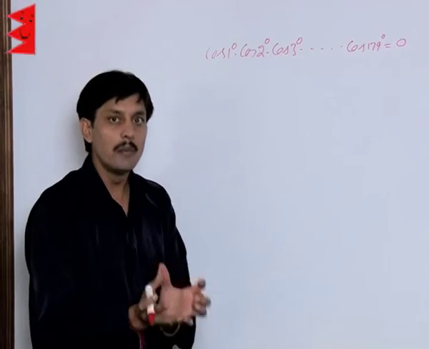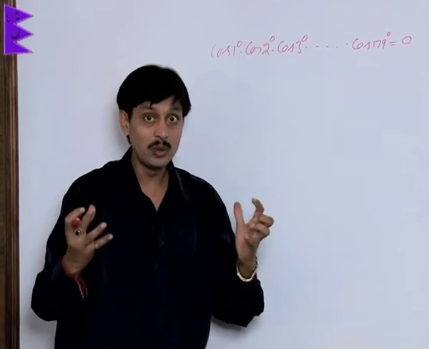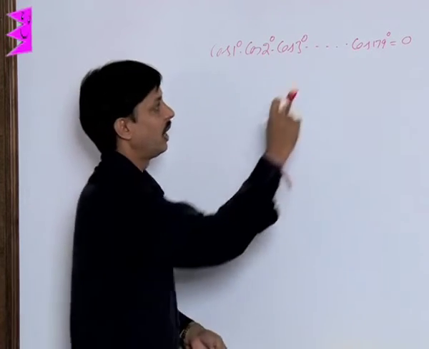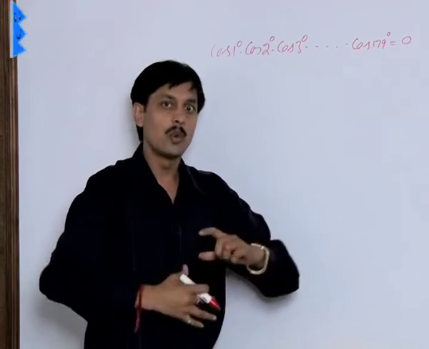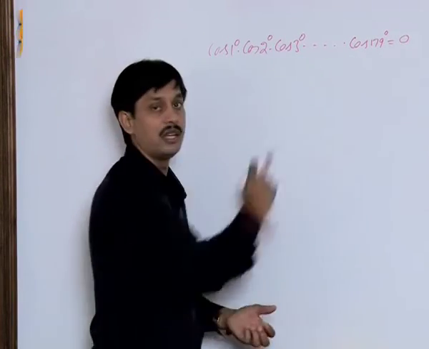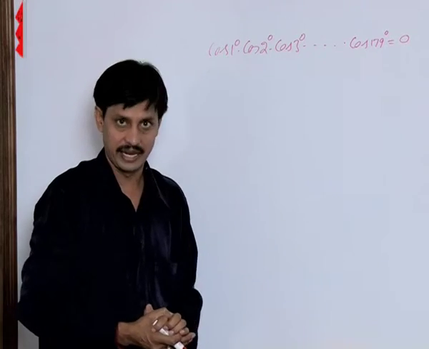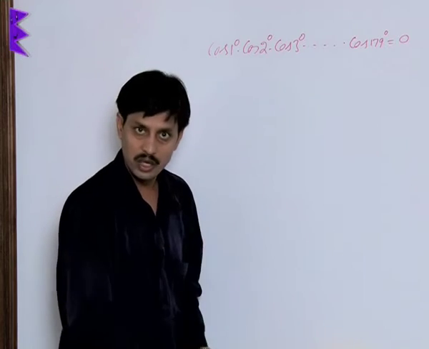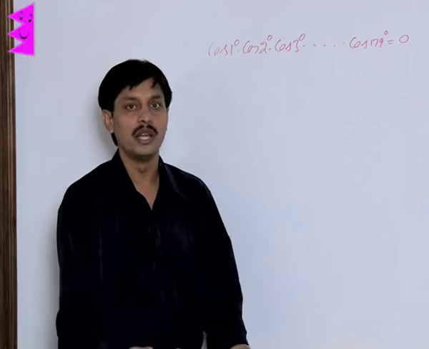Here is one very important trick we need to remember. What is that? Cos 1 degree and cos 179 degree, cos 2 and this and this. But there will be one value, cos 90, in the entire expanded form of cos 1 to cos 179. Cos 1 degree, 2 degree, 3 degree, cos 45 degree, cos 46 degree, cos 89 degree, cos 90 degree, cos 91 degree.